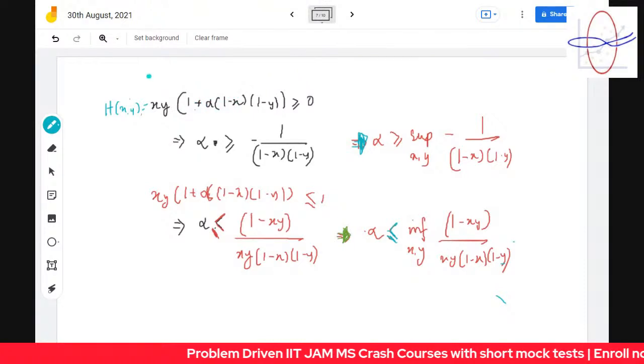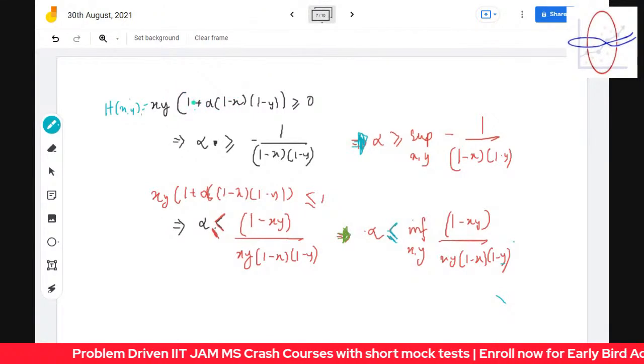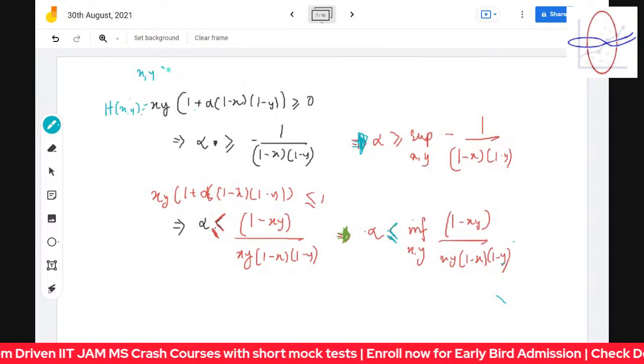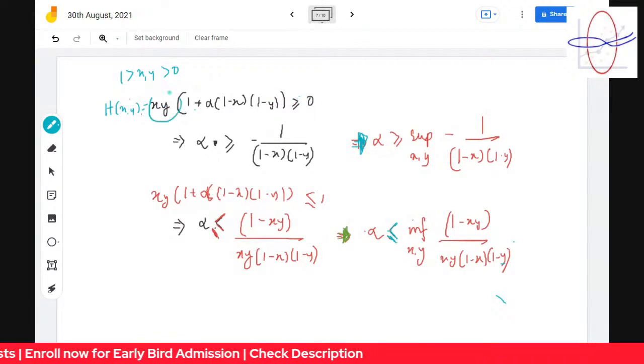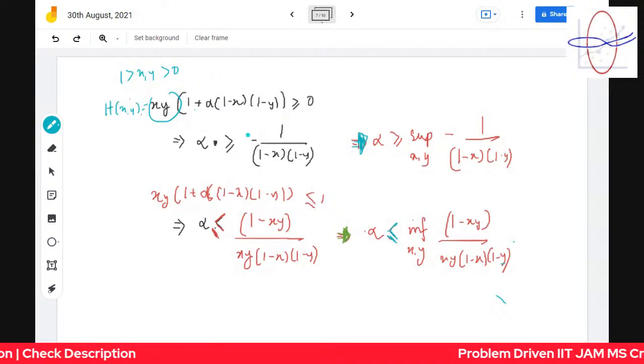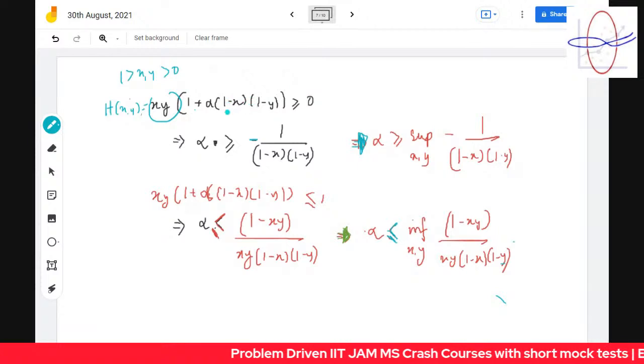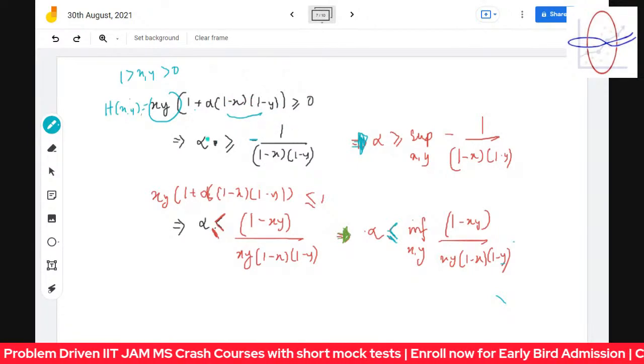If x and y are greater than 0 and less than 1, that is the case we are considering; otherwise it's always equal to 0. You can verify that. So we can take xy to the bottom and it vanishes, and we get that alpha is greater than or equal to -1. The 1 goes to this side, and 1 by (1 minus x)(1 minus y) goes below. Therefore alpha is greater than or equal to minus this.